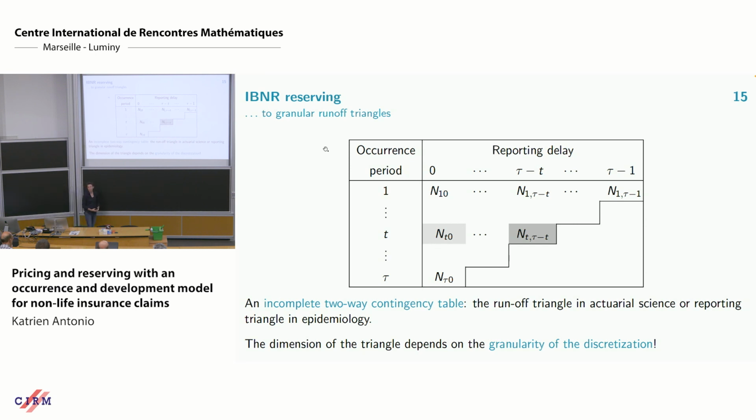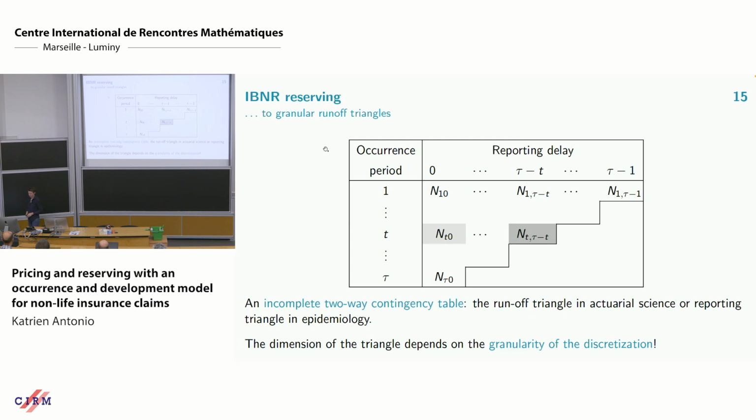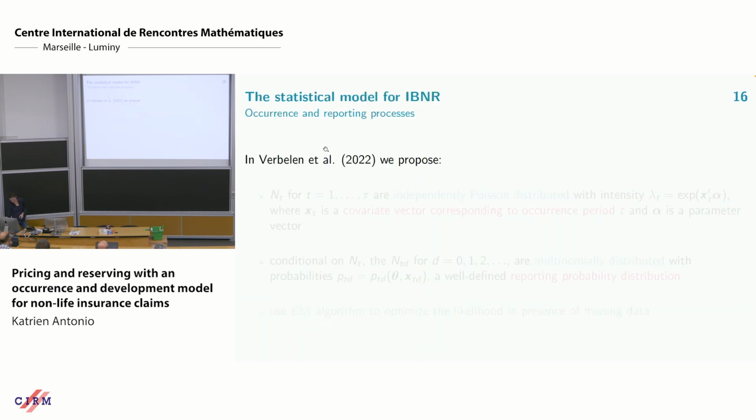But of course, the epidemiologists, for instance during a pandemic, really need a detailed timescale because they really need an estimate of the daily number of cases, right? So that's where this fine-grained discretization becomes very relevant.